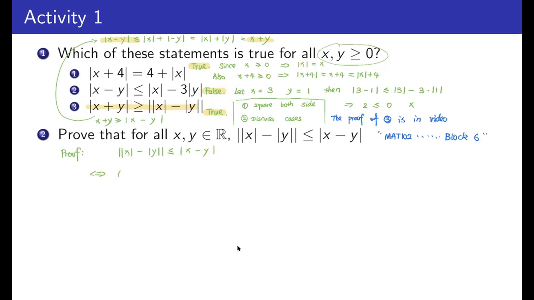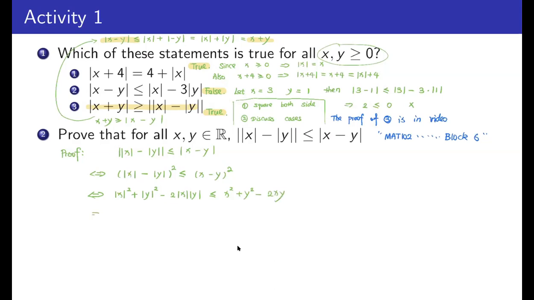We can square both sides because we know both sides are greater than or equal to 0, so you don't need to flip the signs or anything. Open a bracket. This will give you the absolute value of x squared plus absolute value of y squared minus 2 times absolute value of x times absolute value of y is less than or equal to x squared plus y squared minus 2xy.